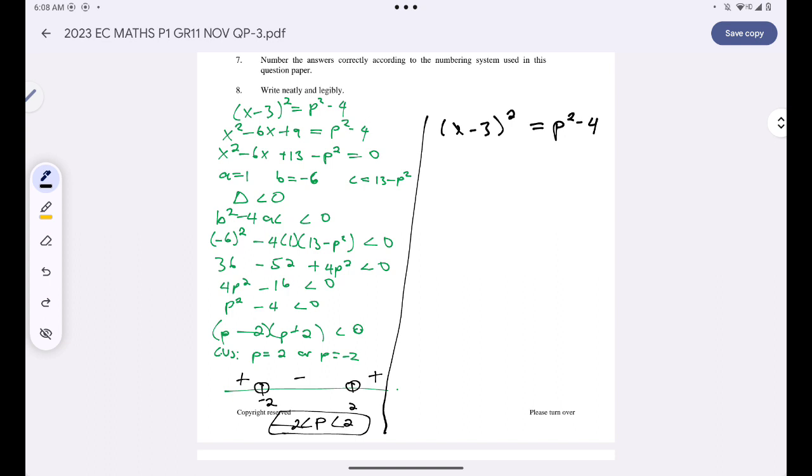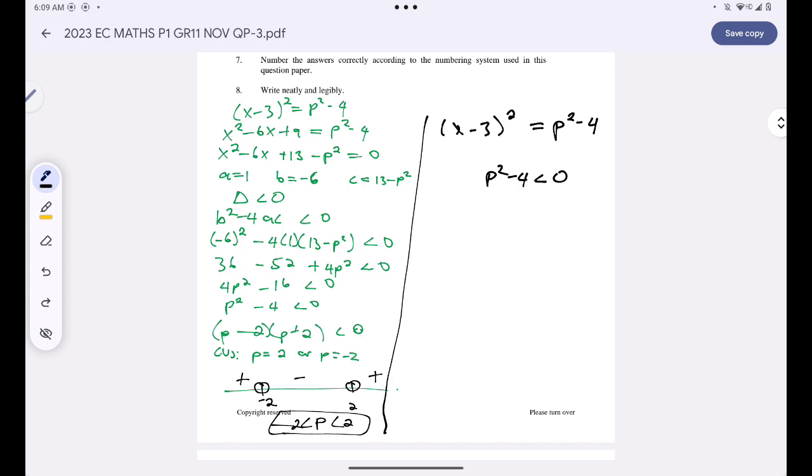For example, if you say x squared is equal to negative 1, there's no solution here because there's no value of x that you can substitute and get a negative answer. So for this equation not to have a solution, the right hand side, p squared minus 4, should be less than 0.